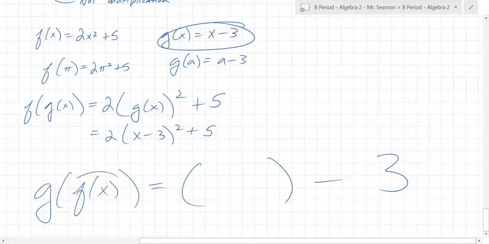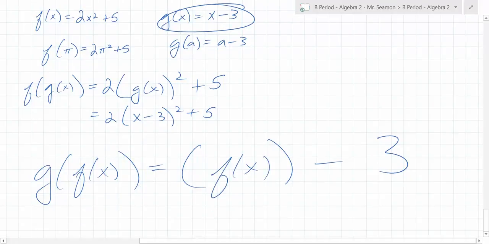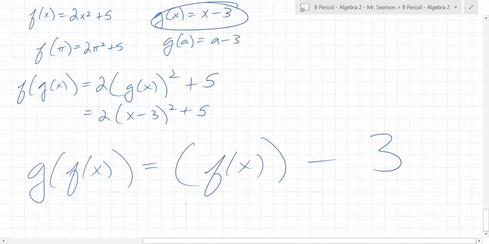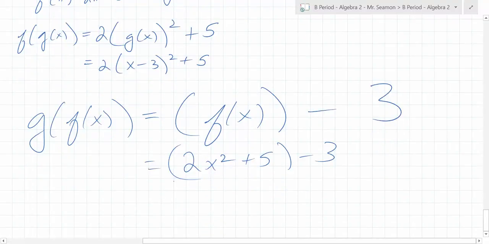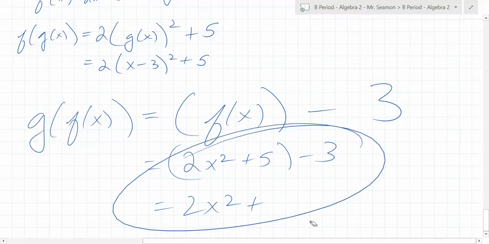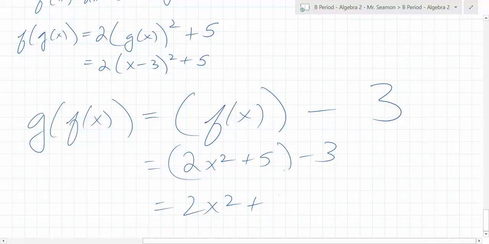F of x. And what is f of x? F of x is 2x squared plus 5, minus 3. Can I simplify that a little? Yep. 2x squared plus what? Plus 5 minus 3 is 2.